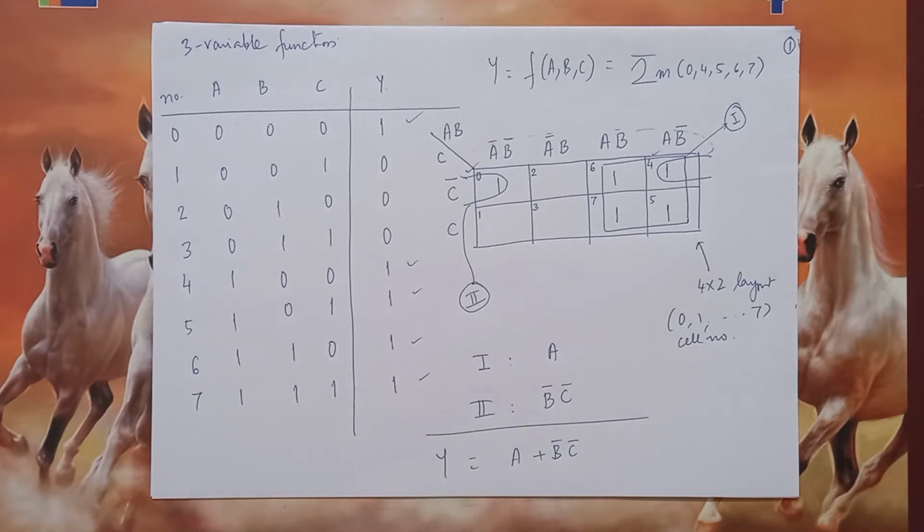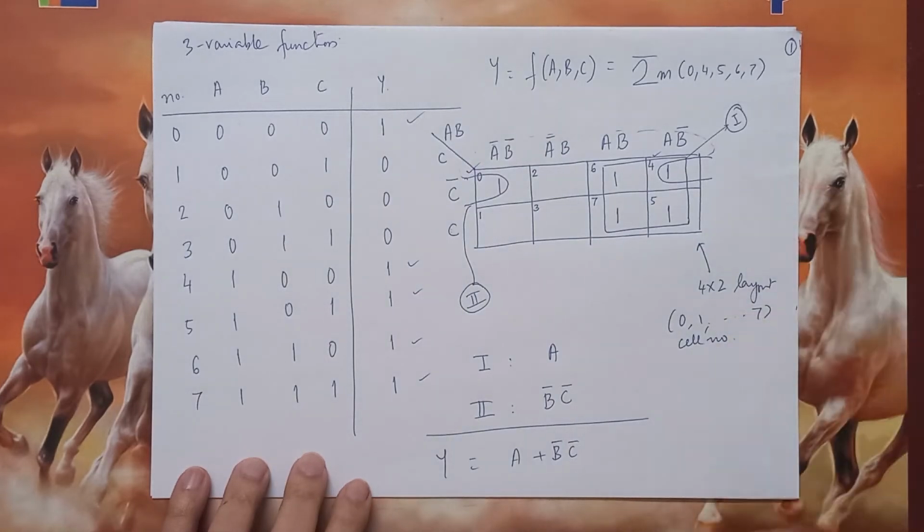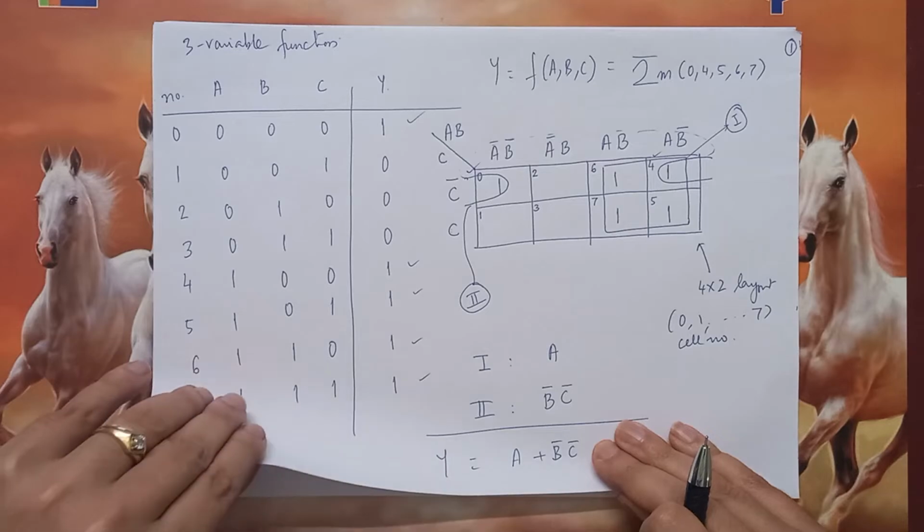Alright. This is how you solve a 3-variable K-map. Let us take one more example, just to show you how different things can be. Let us consider the same function, but with a slightly different set of minterms.